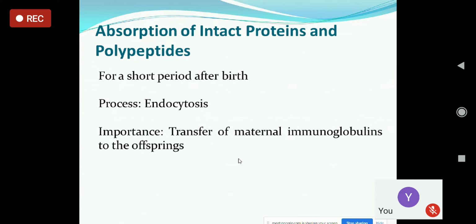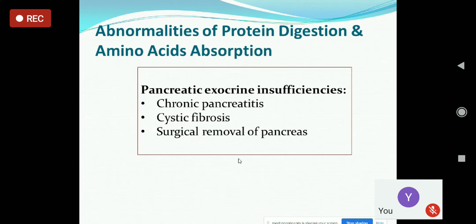So through the breast milk, these immunoglobulins are transported to the infant. The babies can take up the maternal immunoglobulin because their intestine is able to absorb the intact proteins and polypeptides for a short period after birth. So this is the importance of this process.